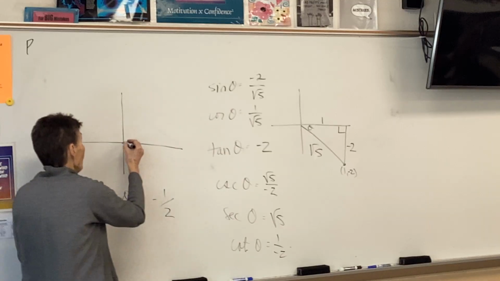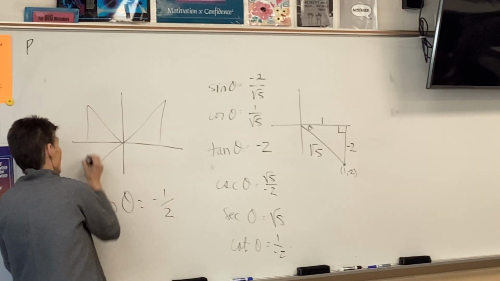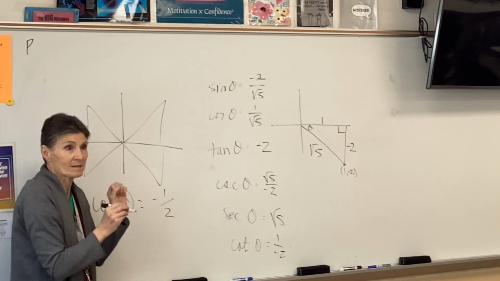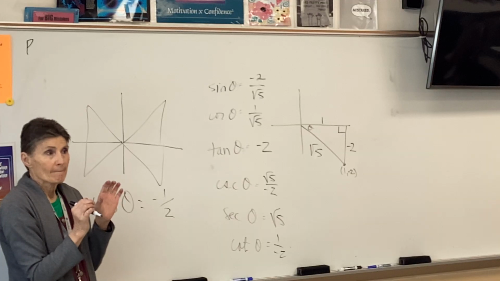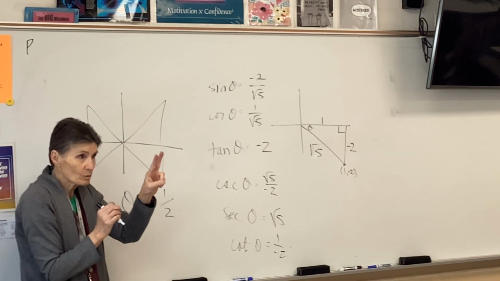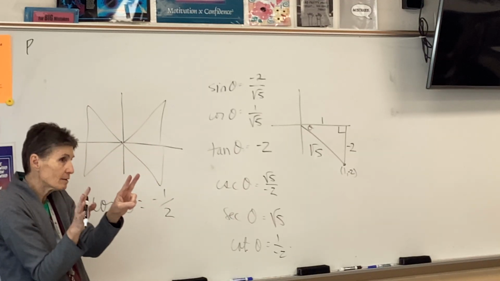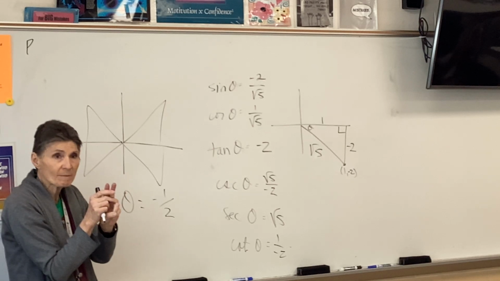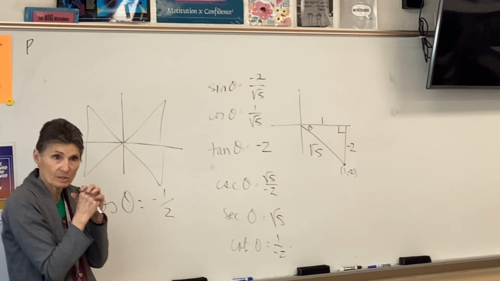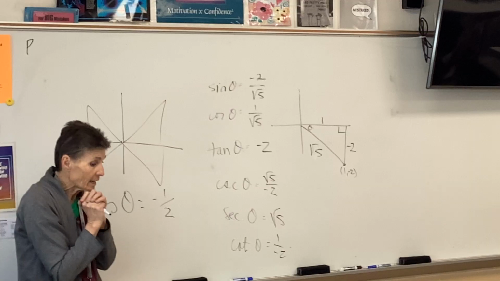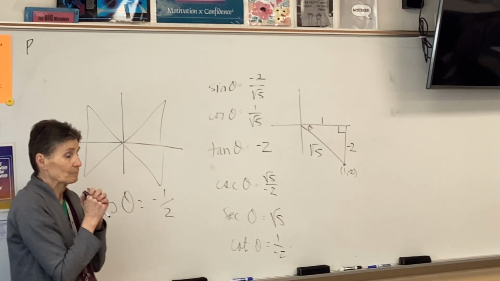In the whole butterfly bow tie system, there are 4 possibilities. 2 of those have a positive cosine, and 2 of them have a negative cosine. We need a negative cosine.